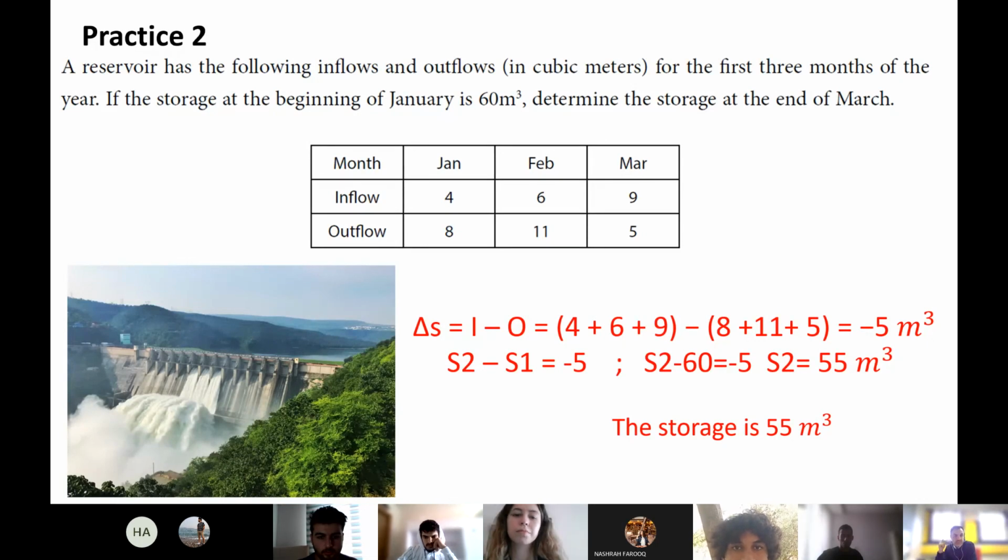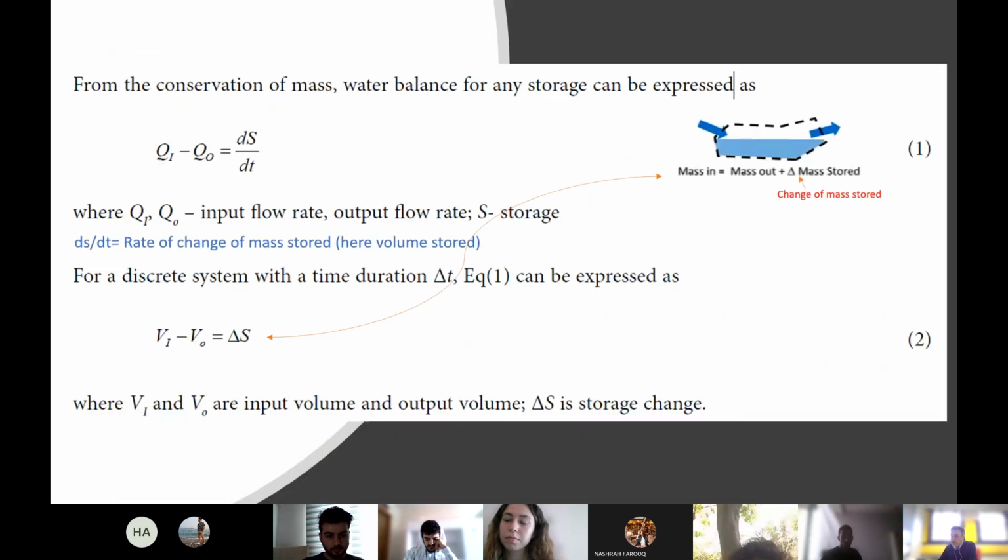And therefore the system is not in a steady state. We are going to find delta S. But delta T is given for us, yes? What is the delta T? 3 months. 3 months is delta T. And instead of discharge, look here, the question gave you volume.